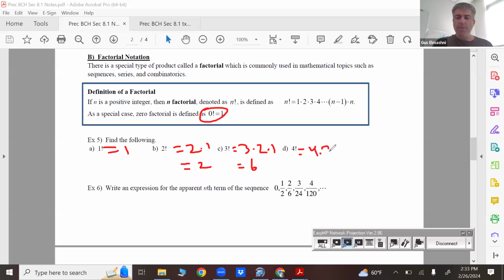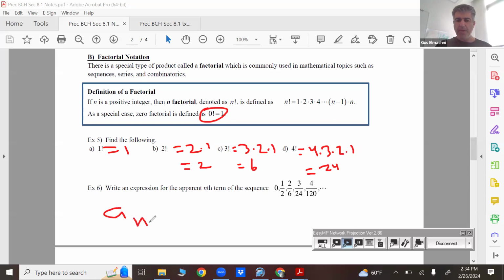That's 4 times 3 times 2 times 1, which of course is 24. Write an expression for the nth term of the sequence here. So we notice the bottom is following the factorial pattern, right?